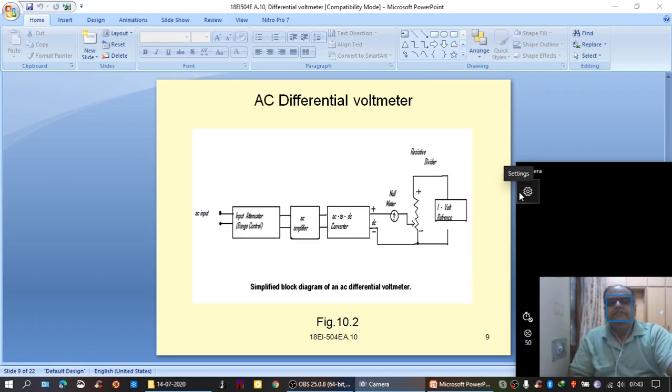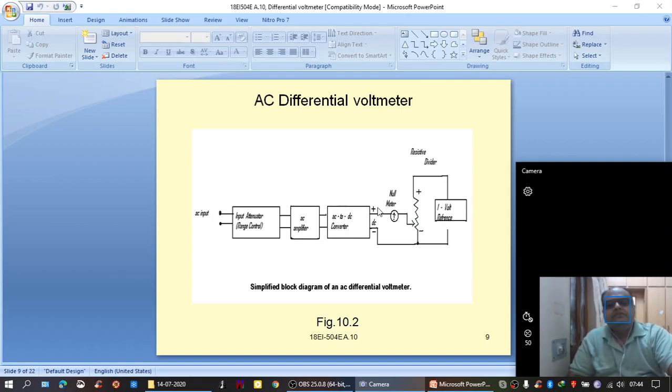The principle will be the same here. AC input is applied. Depending upon the magnitude of AC input, it is either attenuated or amplified. Then once again the signal is amplified, then it is converted into a DC signal, and the null meter will respond to the average value of this pulsating DC.